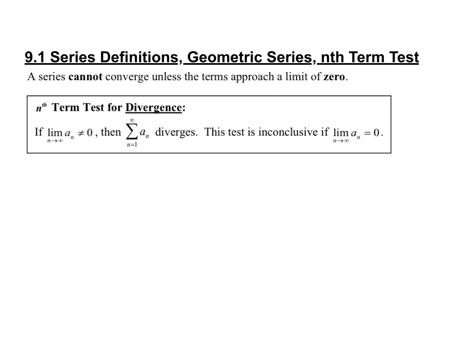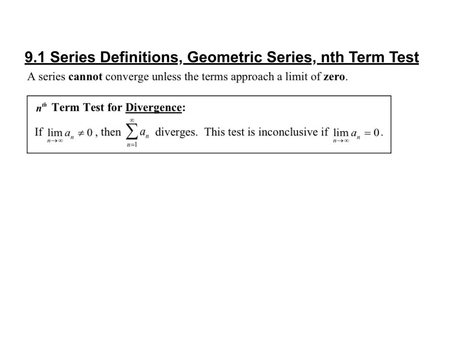This is the test you're going to rely on the most because it's the easiest one out of all the tests. If the limit of my formula does not approach 0, right? Because the limit of the formula has to approach 0 in order to basically eventually add nothing. So if the limit doesn't approach 0, then that guarantees that the series will diverge.